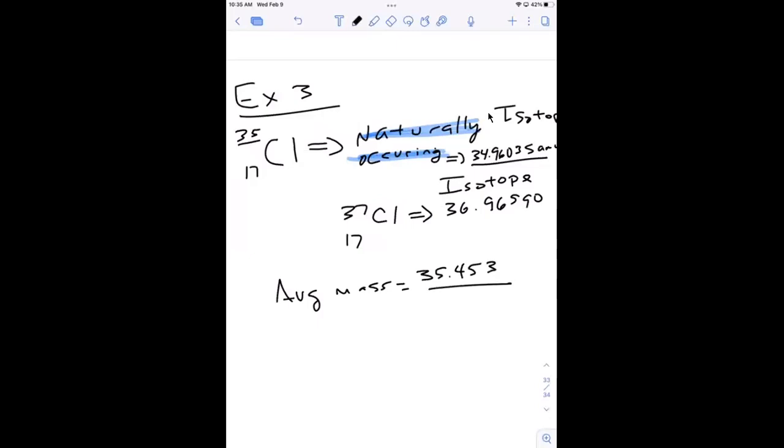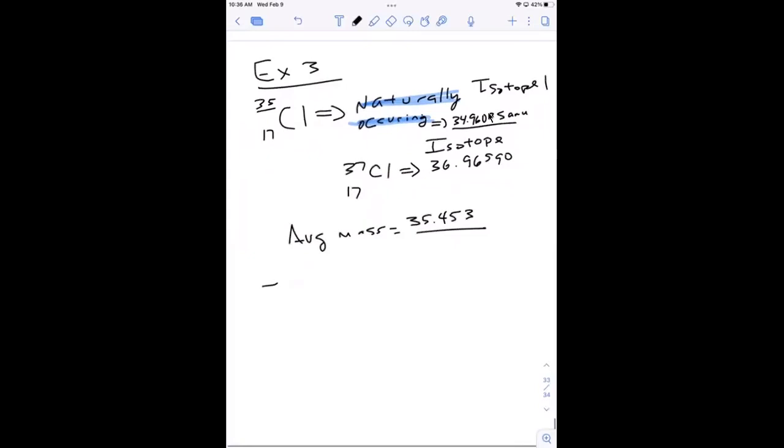All right, so let's get this together. The average mass of chlorine is 35.453. That average mass comes from 2 isotopes. One is chlorine 35, the other is chlorine 37. Chlorine 35 is 34.96035, and chlorine 37 is 36.96590. Those two numbers are my isotopic masses. What the question is asking is, what are the fractions?